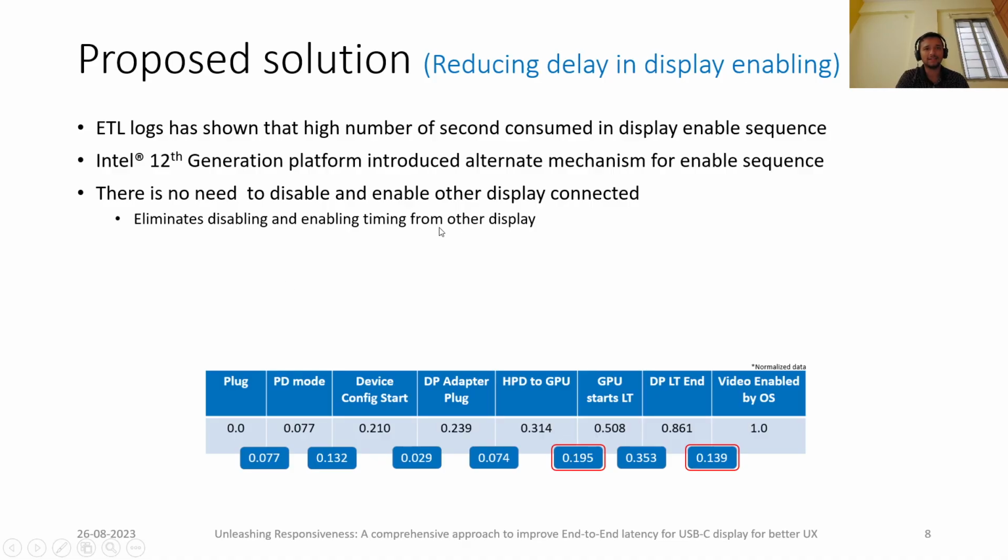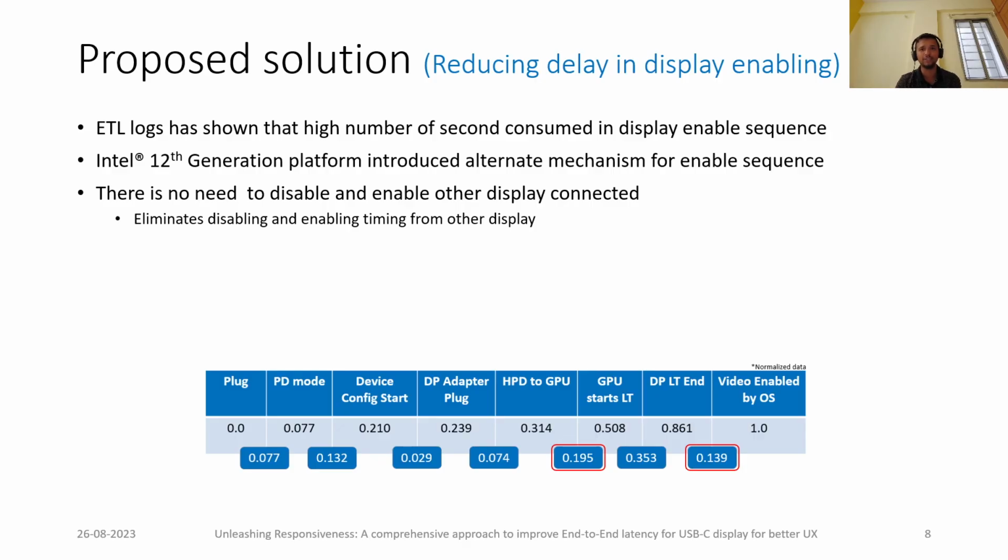Another solution: in the previous generation, we came up with a new alternate mechanism to enable the display. What is this enabling sequence? When you have multiple displays, say in a laptop you have an internal display and you are connecting an external display, you already have one display.